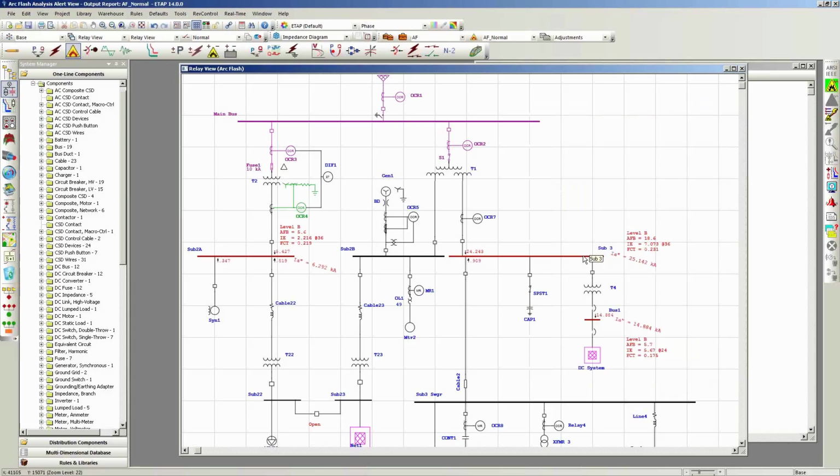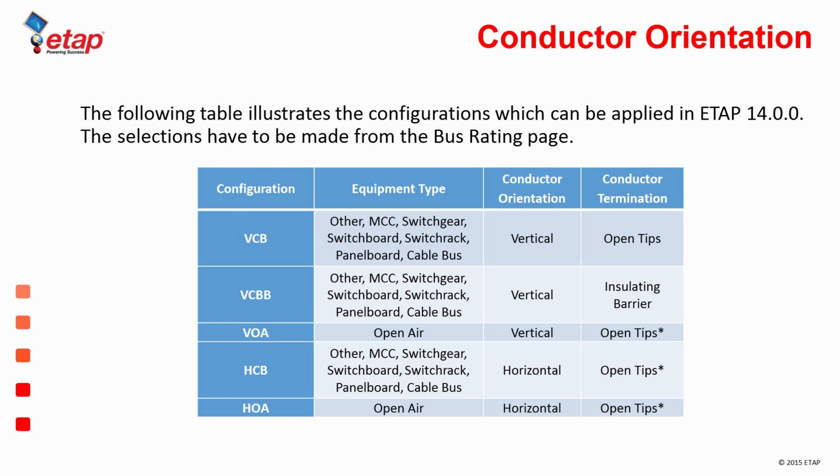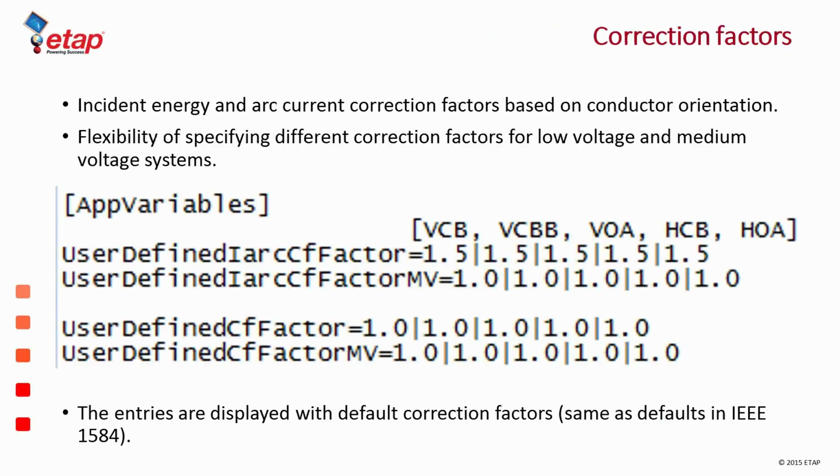Step number 2 is to enter a factor in the INI, the ETAP INI. Some of you may be familiar with the location of these files. Some of you may not. So the incident energy and arc current correction factors based on conductor orientation need to be entered in the following file, the etap.s.ini.